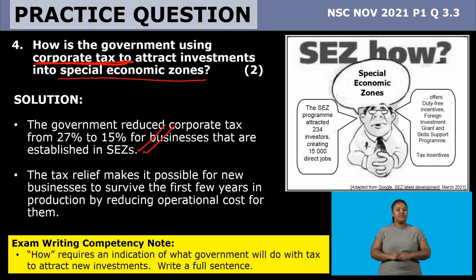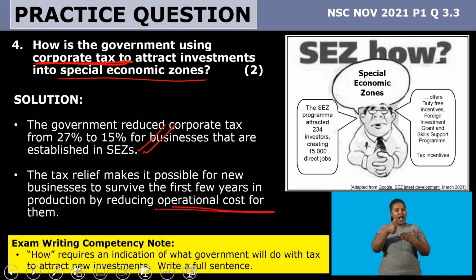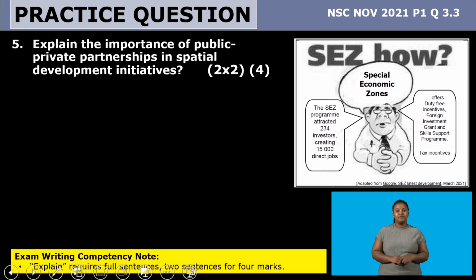The tax relief makes it possible for new businesses to survive the first few years in production by reducing operational costs for them. So that is going to reduce operational costs if the tax is reduced as well. Number 5, explain the importance of public-private partnerships in spatial development initiatives.